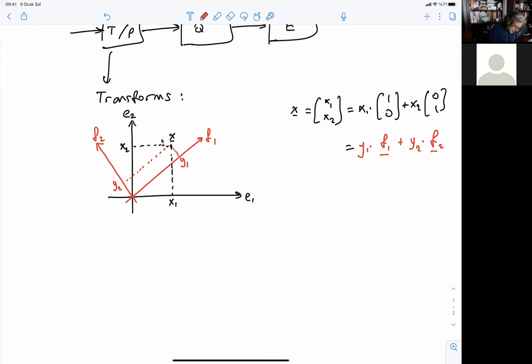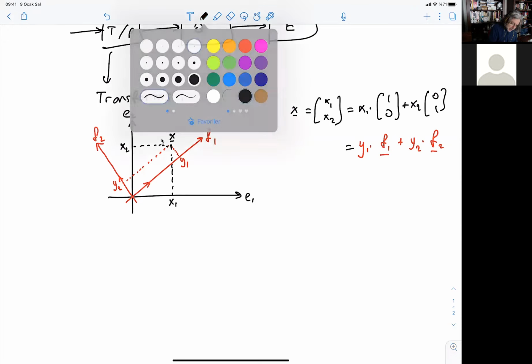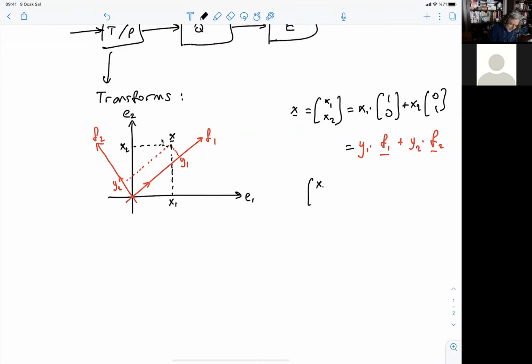F1 and f2 are the unit vectors along these directions of the red axes that we have. And it still gives you the same x. But the transformation, in a sense, from x1, x2 notation to y1, y2 notation is notated as the transform.